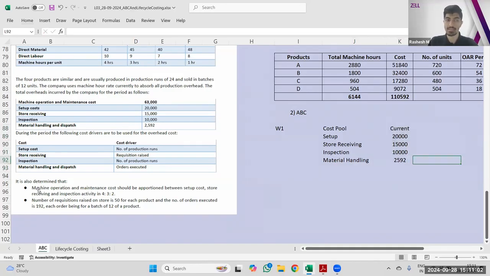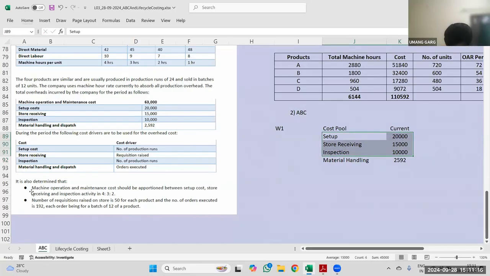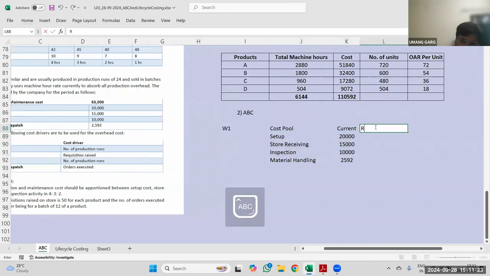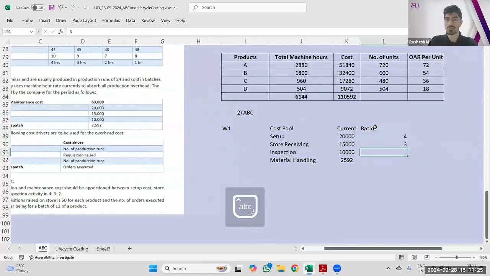Now they are saying in this line, if you pay attention, that this 63,000, split it in the ratio of 4:3:2 and add it in these 3 boxes. Setup gets 4, store receiving gets 3, inspection gets 2. So let's add it. In the ratio of 4:3:2 I want to split my cost of 63,000.